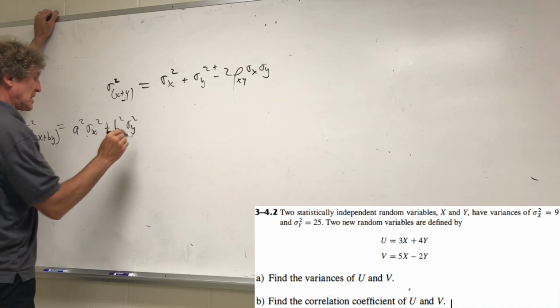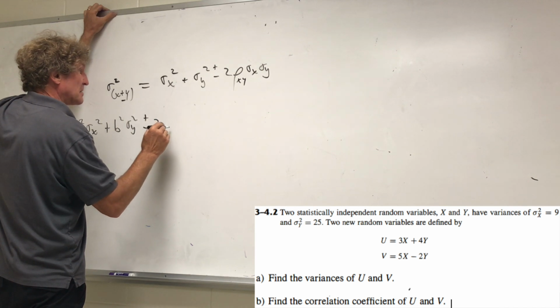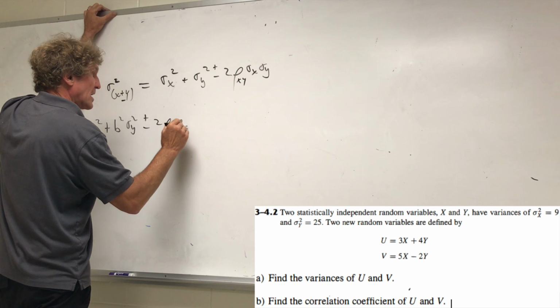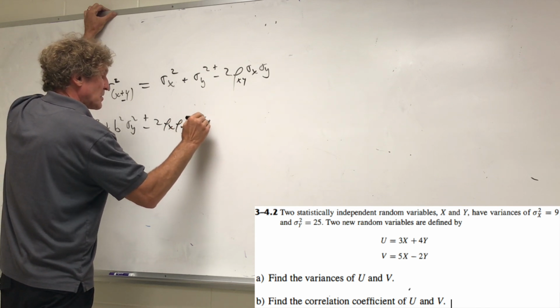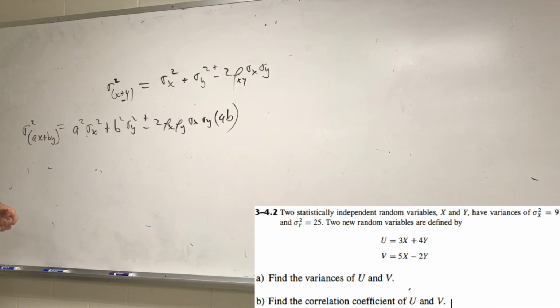Then it's plus or minus 2 times rho xy, sigma x, sigma y, but then it'll be times a times b.